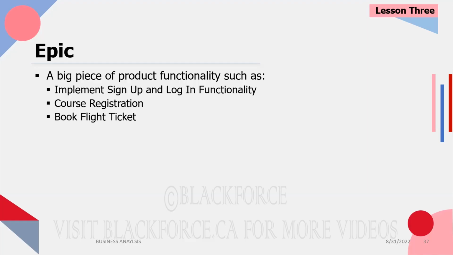Okay, so an example of an epic is register for a course, book a flight ticket. These are called epics because of their size. For example, if you wanted to book a flight ticket, there are many steps involved in booking a flight ticket, right?